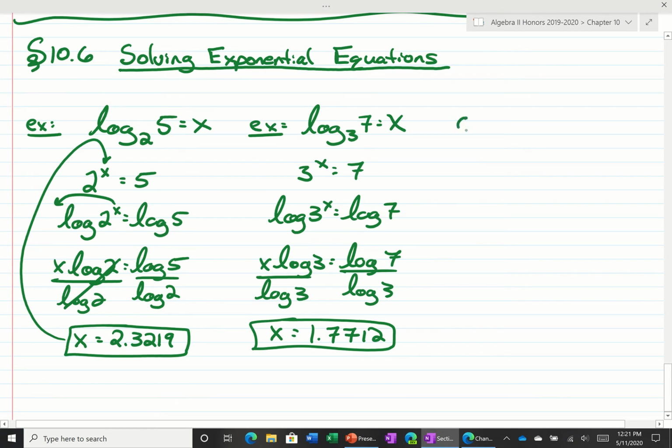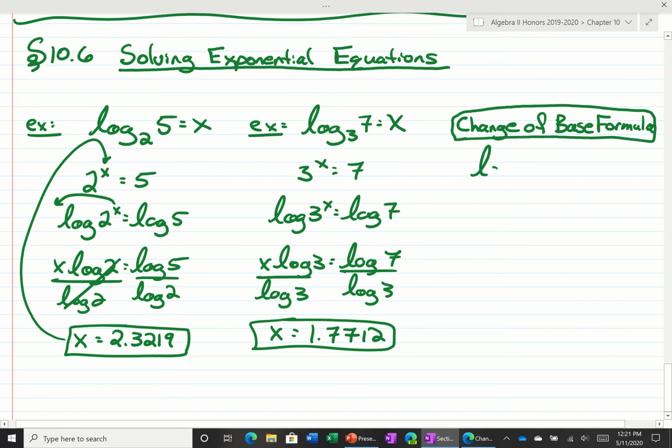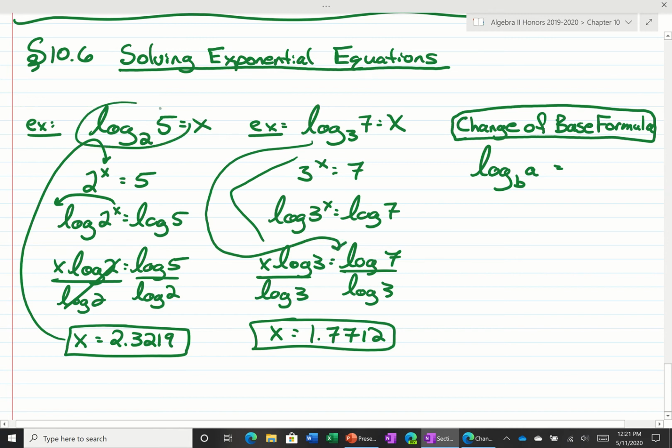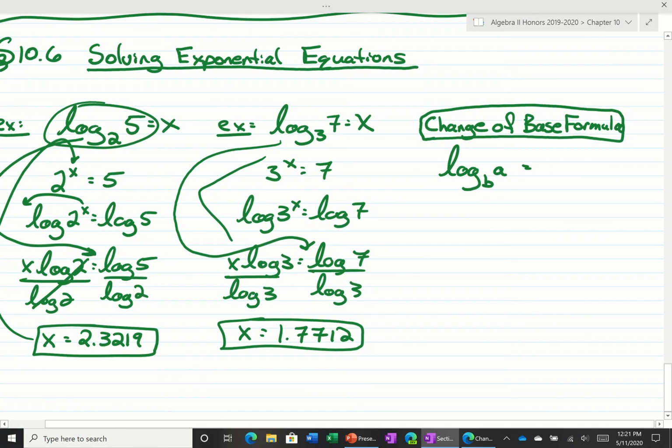Which brings us to something called the change of base formula. Now you don't have to use this, but it makes our lives a little bit easier. It says that whenever you have log of a base of a number, we could skip these steps right here and just jump to this step, where if you look, log base 2 of 5 turns into log 5 divided by log 2.